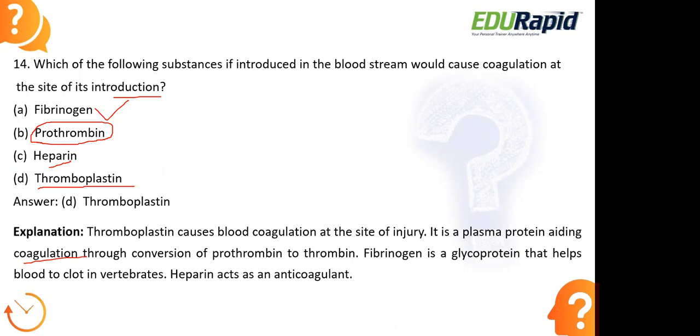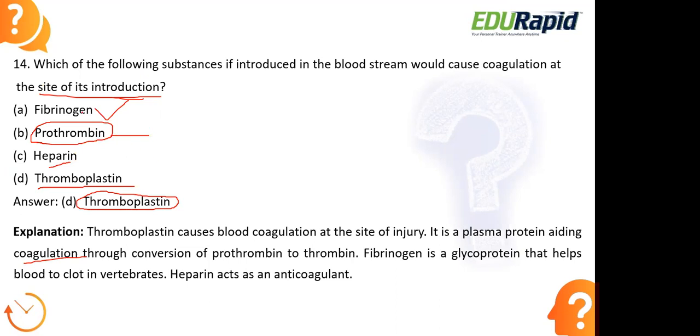Considering this question, at the site of introduction, wherever we introduce thromboplastin into an animal's body, it will convert all the prothrombin present there into thrombin. When it is converted, definitely that site will get coagulated. Blood clotting will happen.